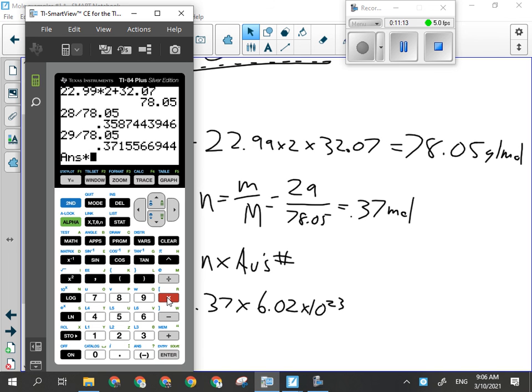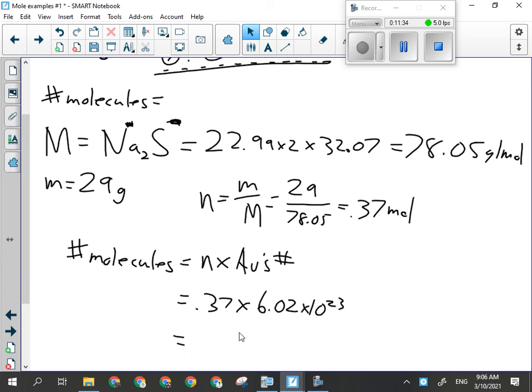I'm just taking that number and multiplying by Avogadro's number, which remember, we need to enclose in brackets when we put it in our calculator, 6.02, hit your exponent button, 23. So I'm looking at 2.24 times 10 to the 23 molecules.